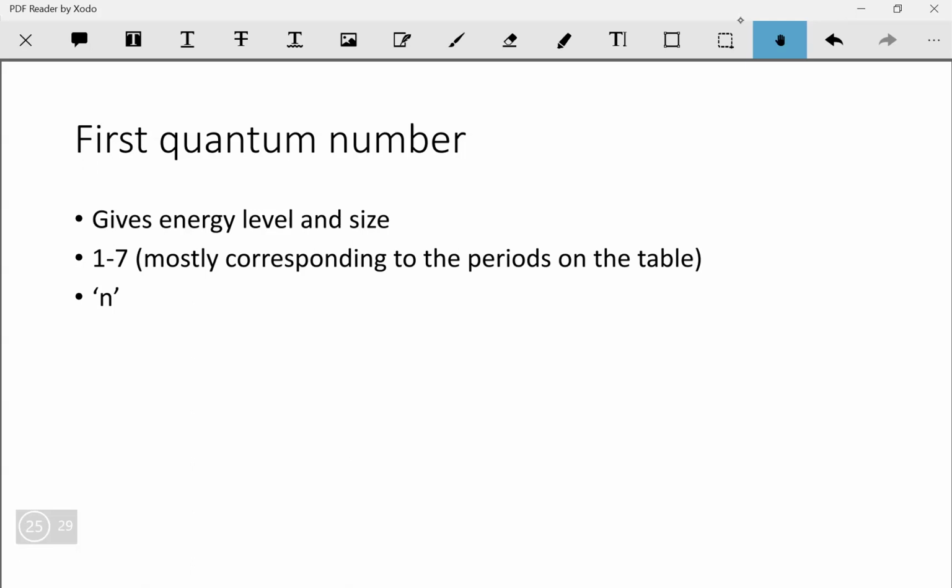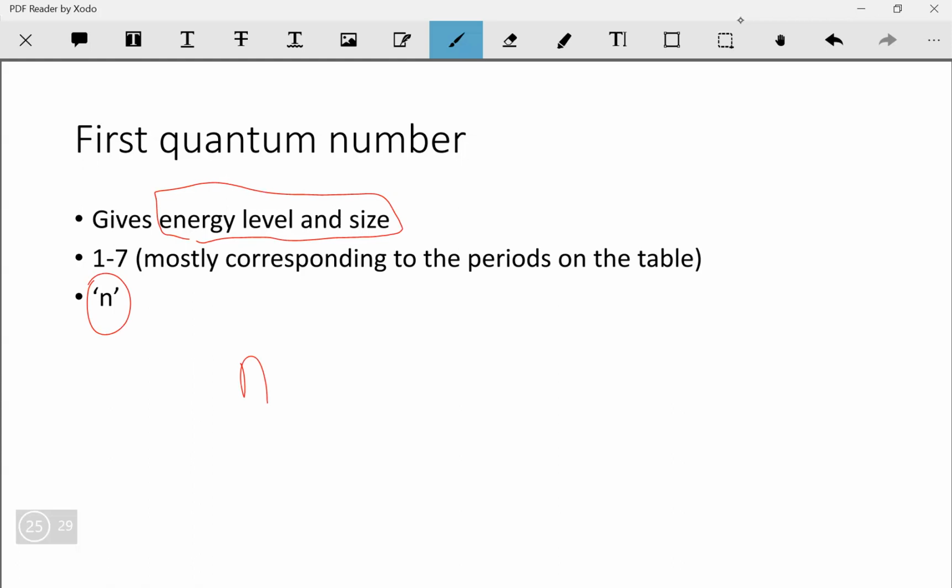Long story short, all you need to know is that there are four quantum numbers. You have to know how to describe them, and when we do practice, hopefully they'll be a lot clearer. The first quantum number gives the size of the orbital and energy level, and this is called n.